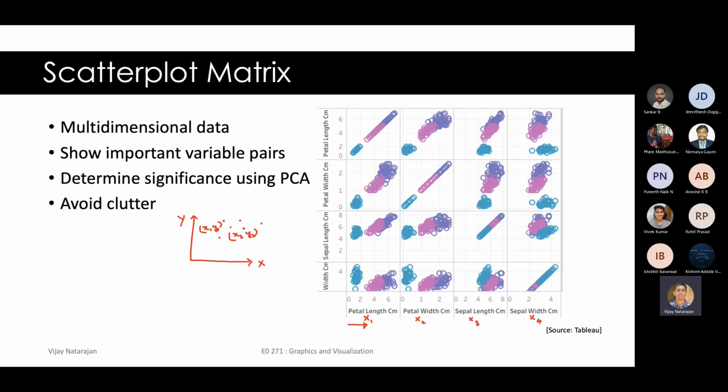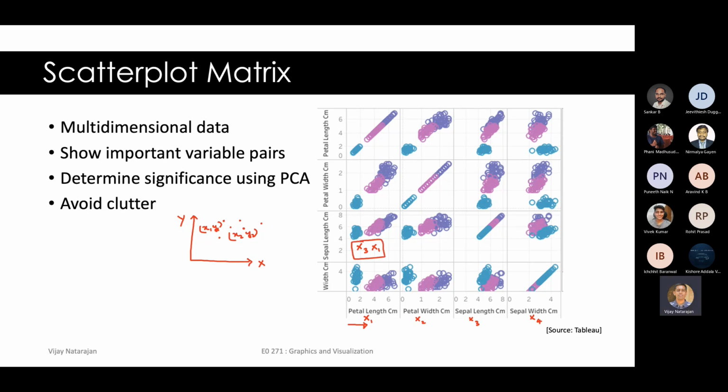So this forms a matrix. Every entry in the matrix corresponds to one pair. So this corresponds to x3, x1, right? For this entry, you draw the scatter plot for that particular pair, x3, x1.